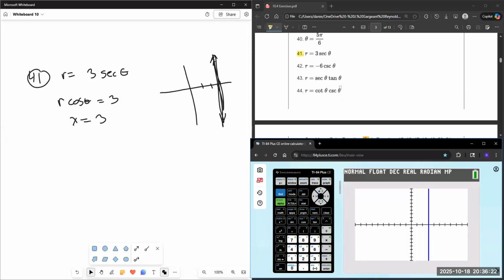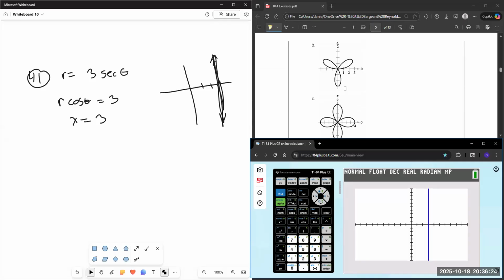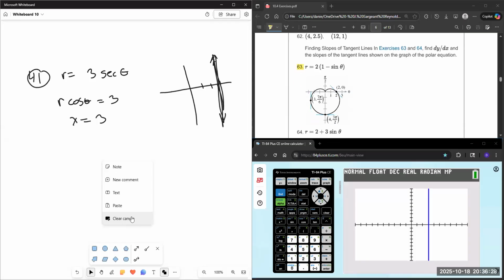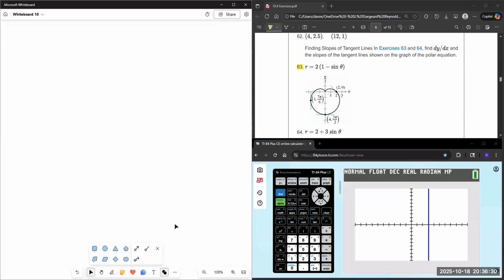Let's look at 63. It has the polar equation r is equal to 2 times 1 minus sine theta.